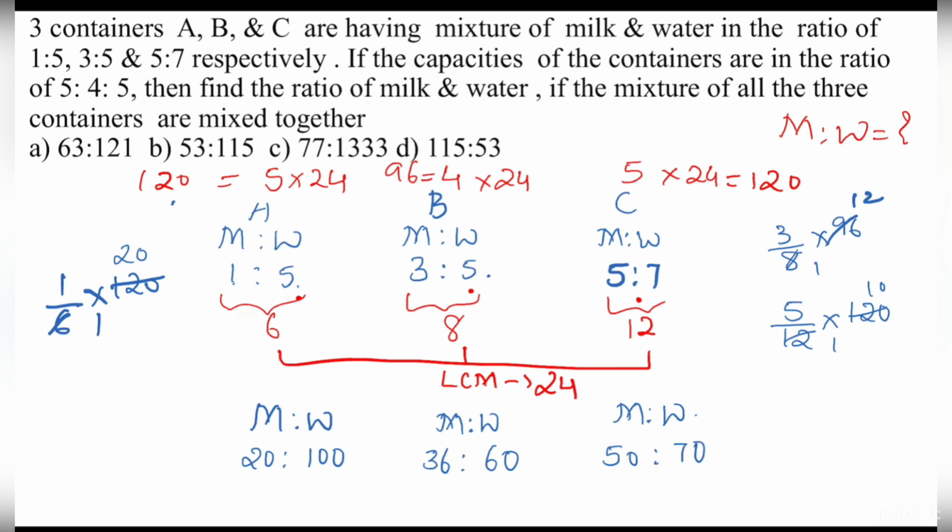So now all are poured, okay, all are poured in a single vessel. Okay, if all these are poured in a single vessel, that time milk is to water is how much they are saying.